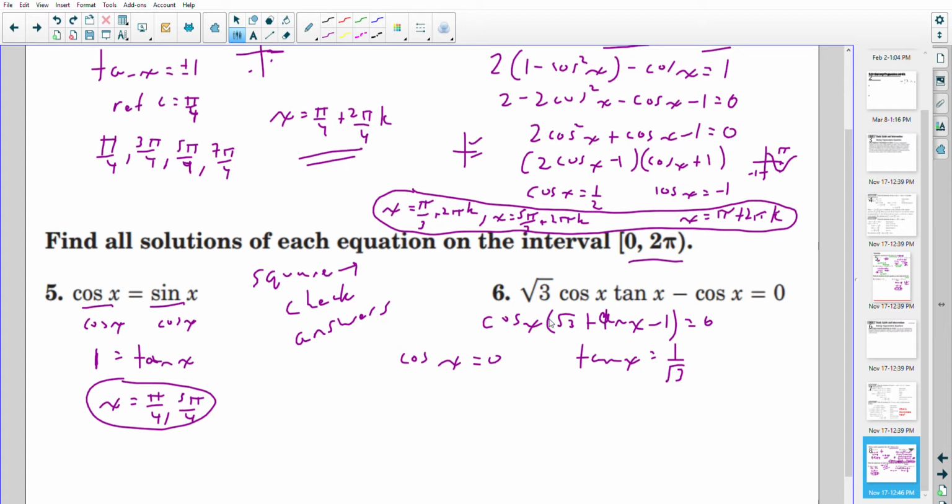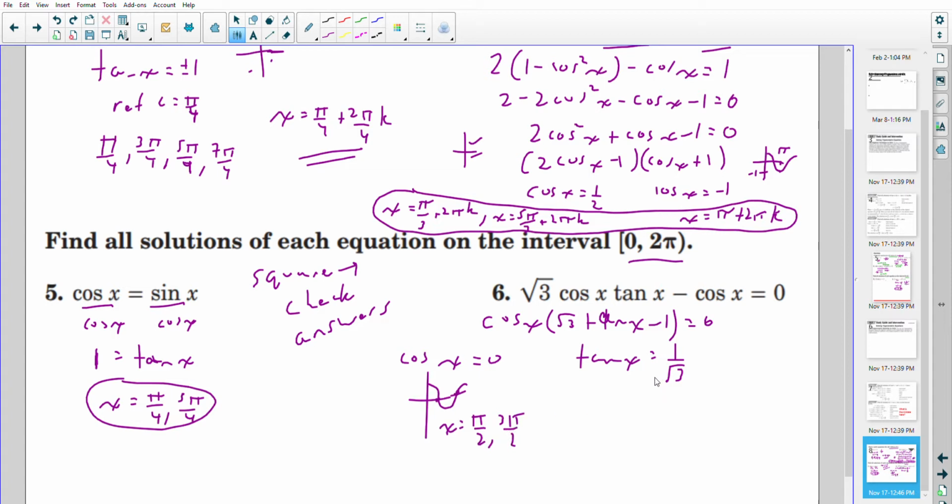If you solve both of those for 0 to 2 pi, cosine x equals 0 is going to occur at 2 answers. So it's this answer and this answer for my x, which means x can be pi over 2 or 3 pi over 2.